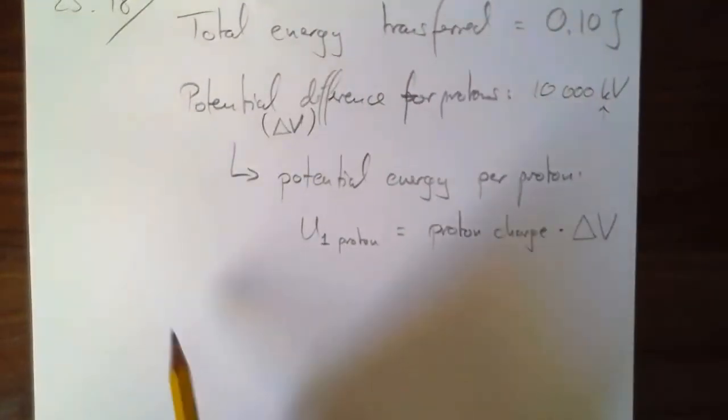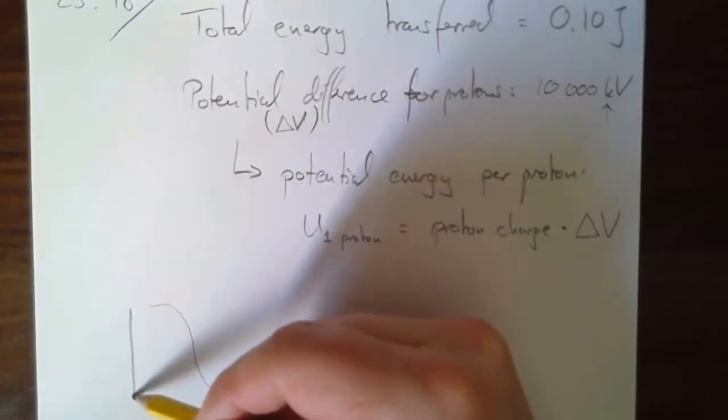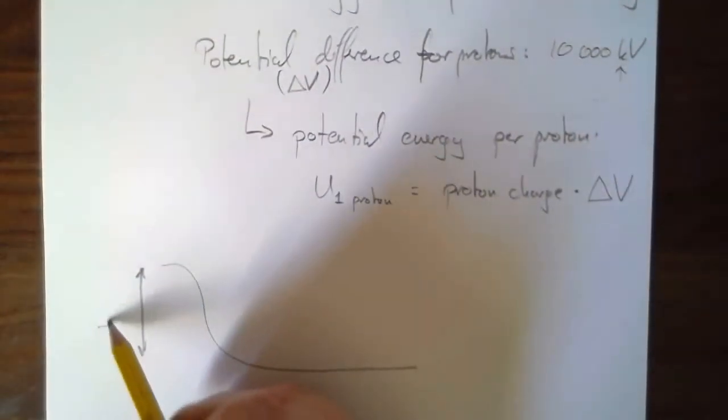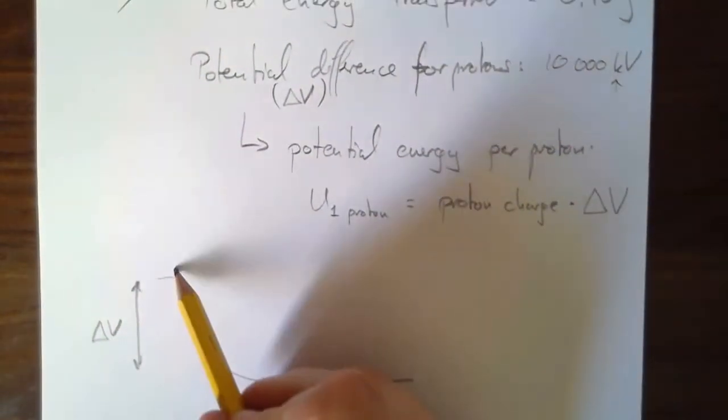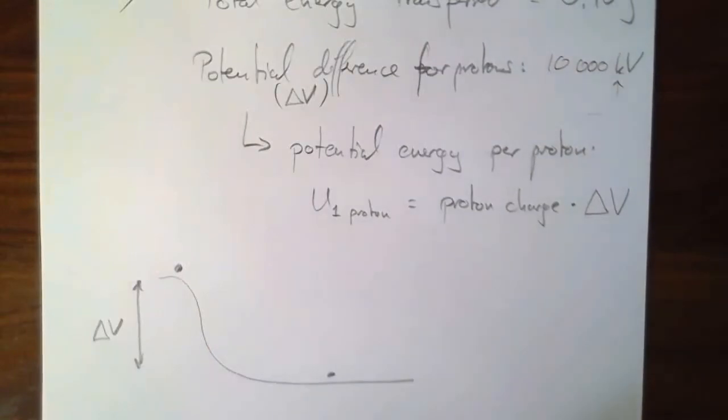The analogy is, imagine I've got a hill, and the hill is a certain height. That is my delta V. If I put something there, it has a certain amount of potential energy. Well, to get down to here, it's going to speed up by a certain amount that's determined by delta V.